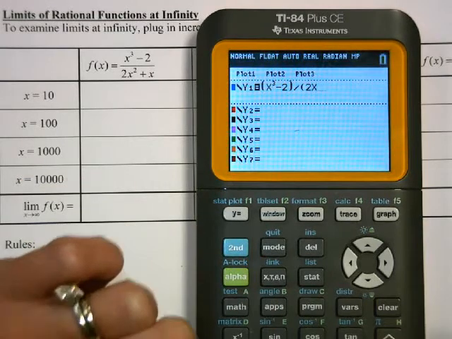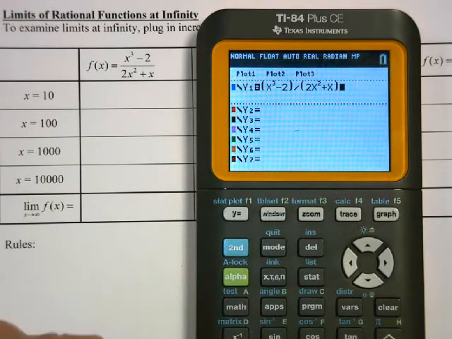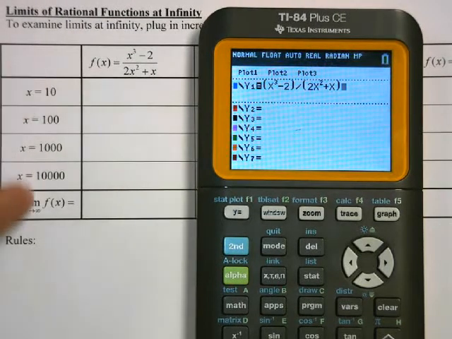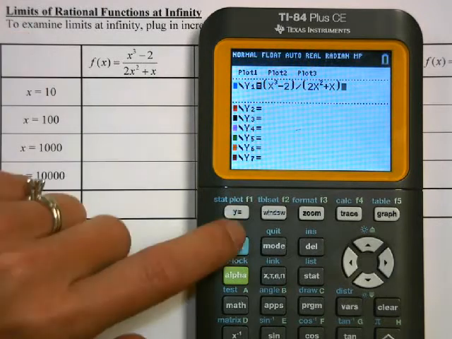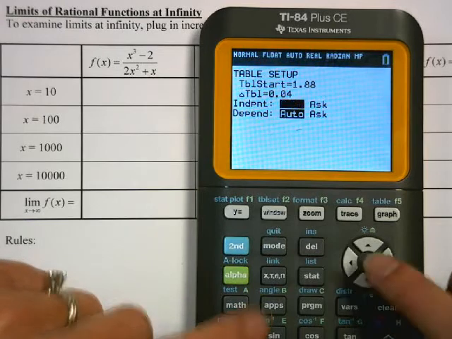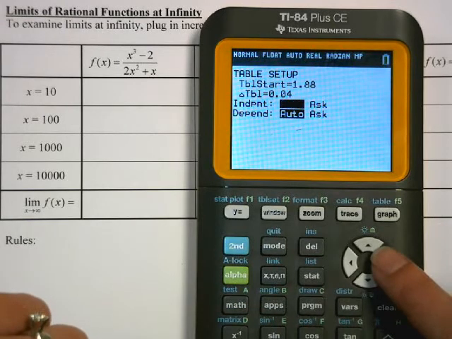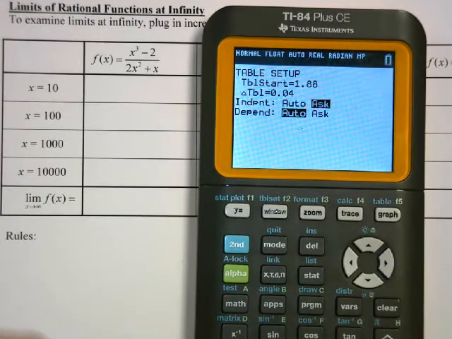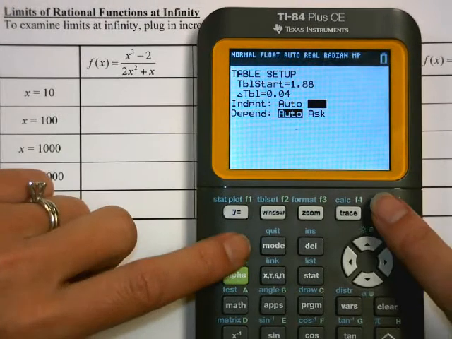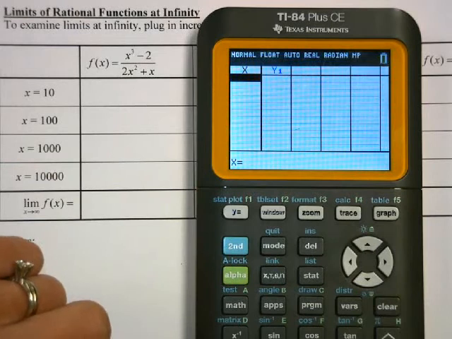Okay, so this is in our y equals. I'm still going to use the table to get these values, but I'm going to change one thing. Rather than auto, I'm going to go to ask. So when I go to the table, there's nothing there. But I can plug in these values and get out their y values.